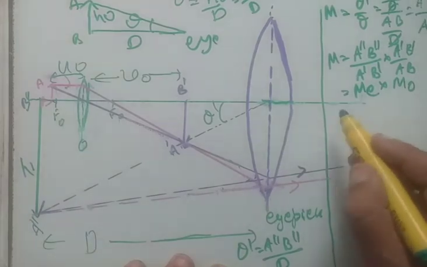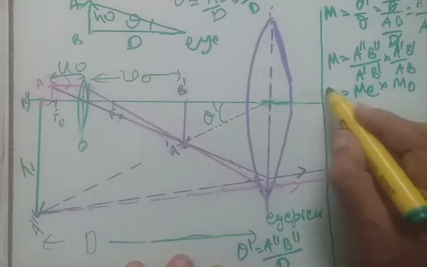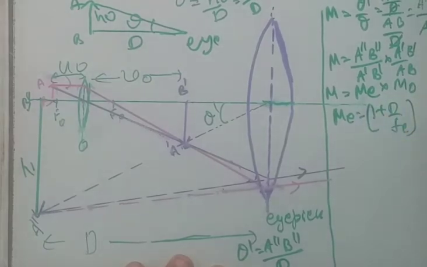And we know the eyepiece acts like a simple microscope, therefore for ME I can write 1 plus D by FE, where FE is the focal length of the eyepiece.